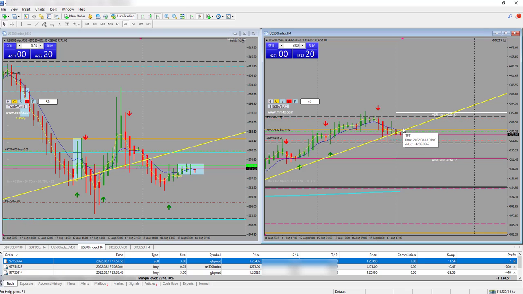Price has not been so far able to break below this super high and stay below. So if it can get below this and stay, if it can actually stay, let me slow down. If it can stay below the super high of this week, I will look to sell.